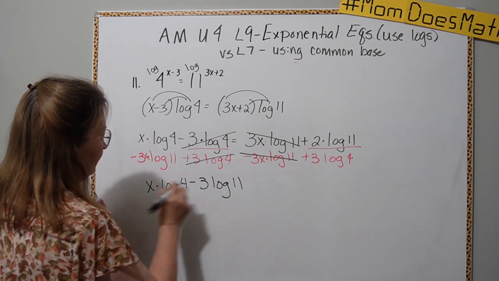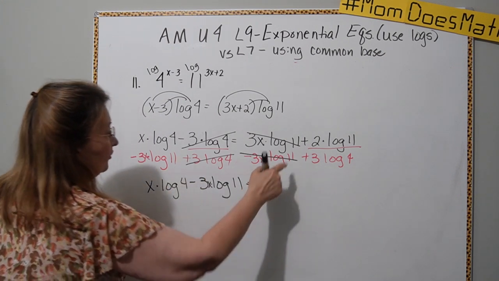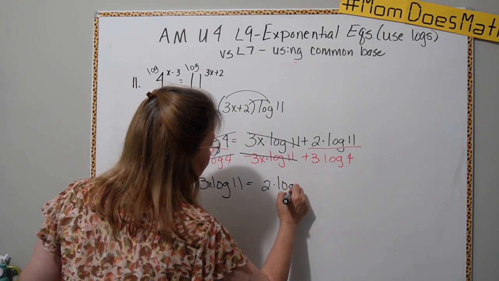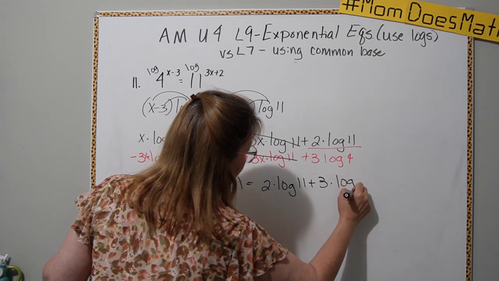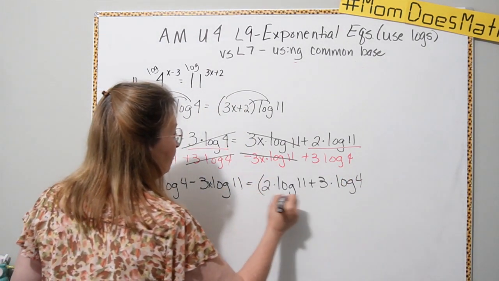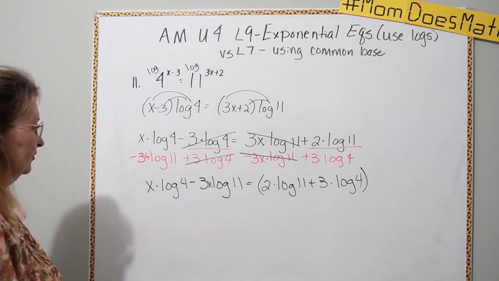Don't let me lose an x. Okay. Equals, all right, over here, I've just got that 2 times log 11 plus 3 times log 4, which if you put that in a calculator, that just is a number, okay? I know it looks bad, but that really is just a number.